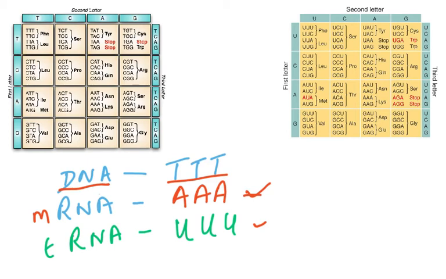You should be able to figure out what the DNA code is, how that is going to be converted to an mRNA, and then how that is going to finally be converted into a tRNA. So you need to finish this video and then come back to this page and have a look at it again.